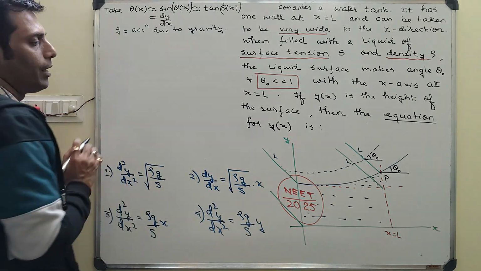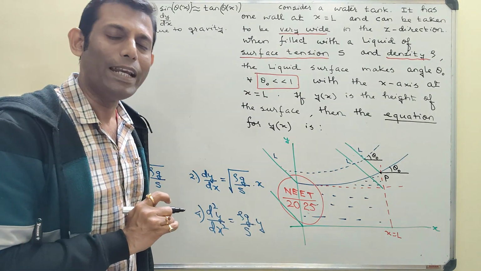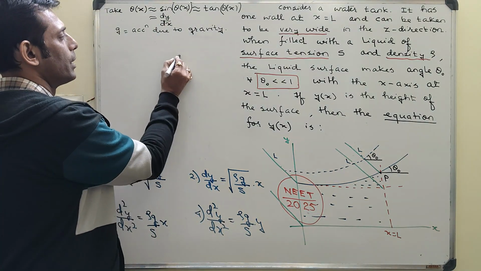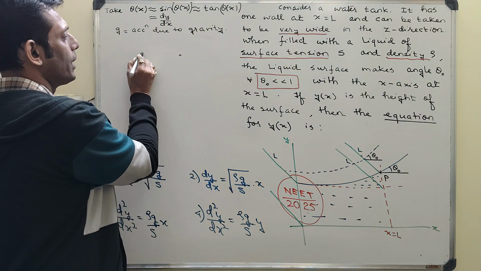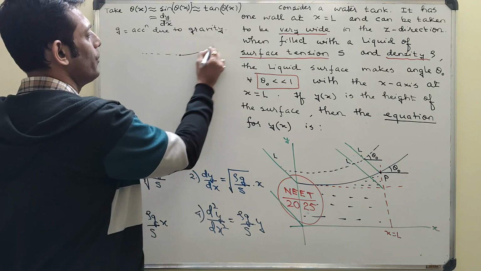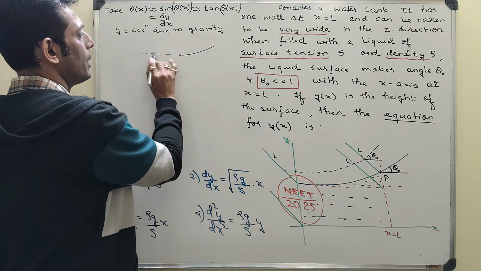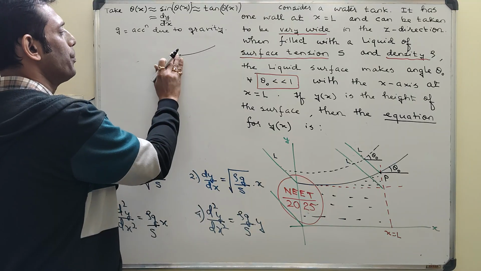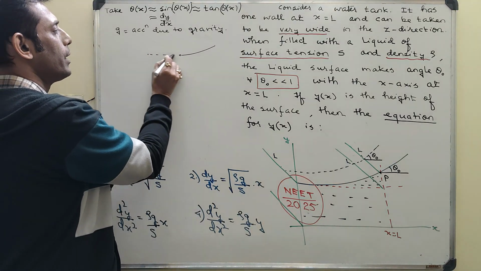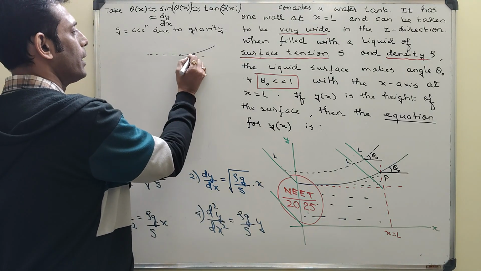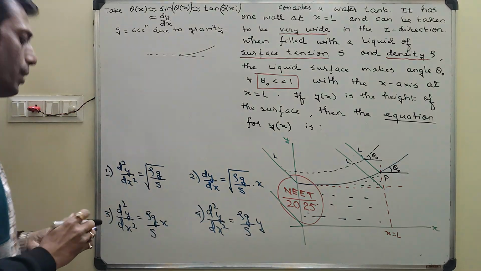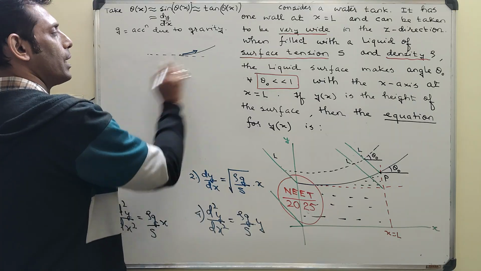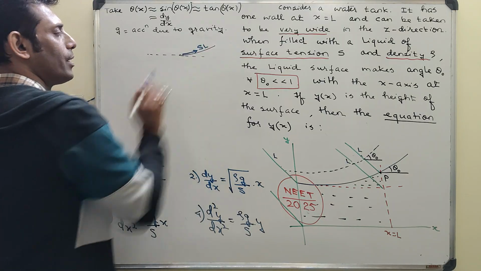we have equilibrium of two forces in the vertical direction. See how. At this point P, if this is the horizontal and the water level goes like this and makes an angle of theta naught with the horizontal at the point P, then the surface tension would act in this direction of value SL.